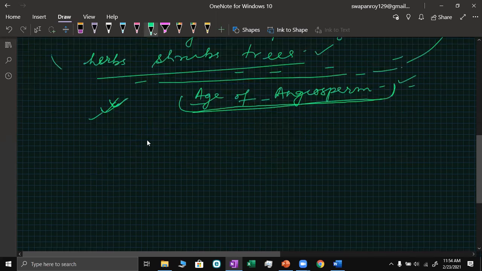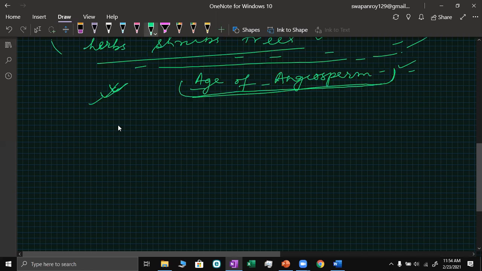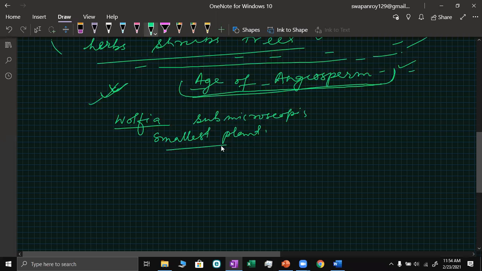In angiosperms, microscopic angiosperm is also there. There is a plant, Wolfia, almost submicroscopic, the very smallest plant in size, and there are giants also.